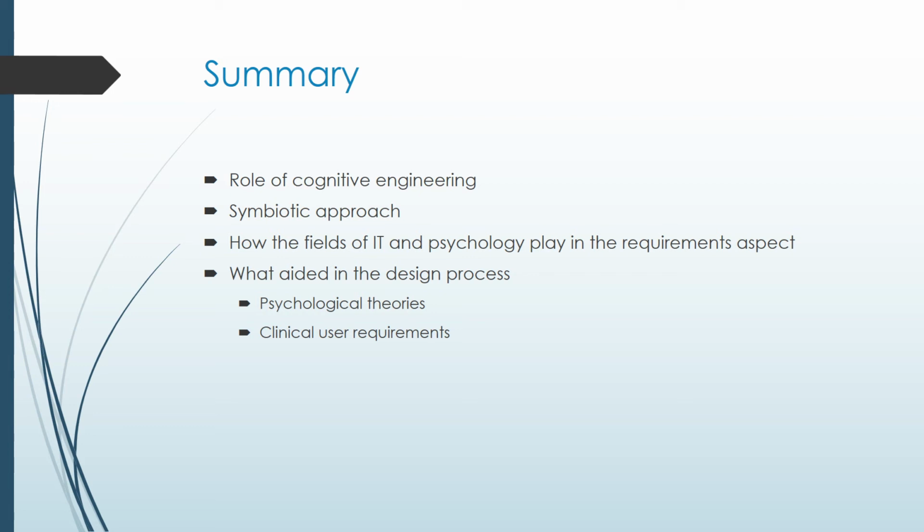It's not easy for IT and a field like psychology to come together and create a system that is usable. You have to be able to research the psychology aspect of it to create this system.